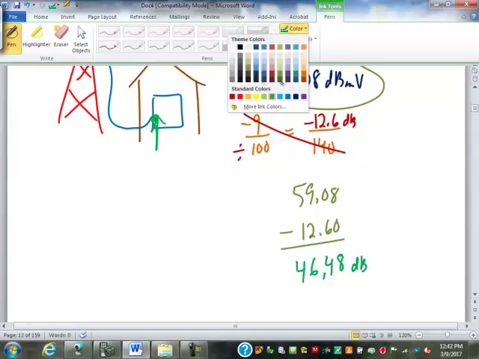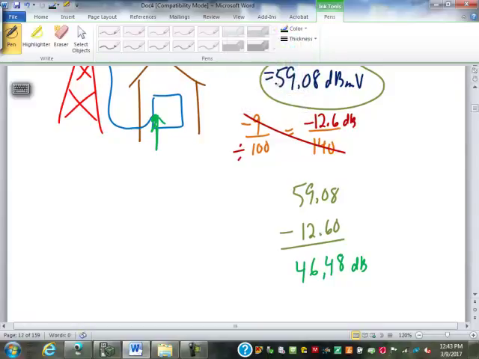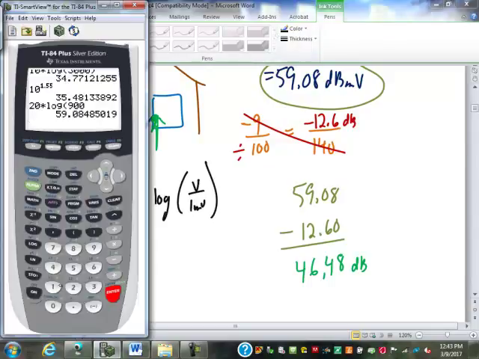So let's convert that back into millivolts. Now I'm going to do this in the calculator, so I'm going to take the 46.48, I should say. Have to divide by the 20. And then I've got to take 10 to the power of that.